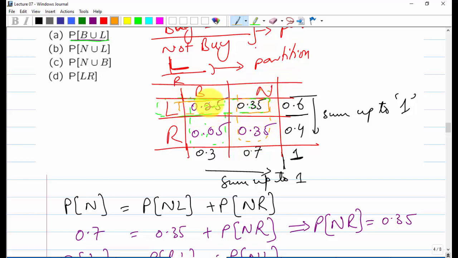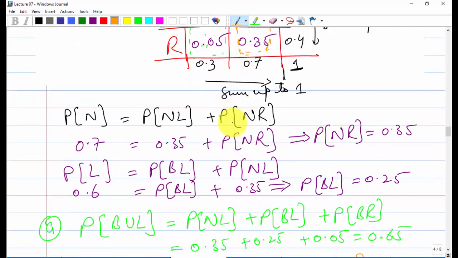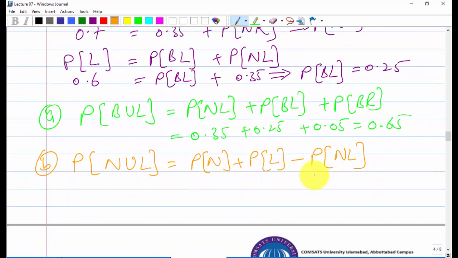So obviously we have to remove this probability, because if we look closely it is coming twice, so obviously they are not mutually exclusive events, so there will be some common part, so we have to remove that one. That's what we have discussed earlier. So that will be 0.7 plus 0.6 minus 0.35, which is 0.95.